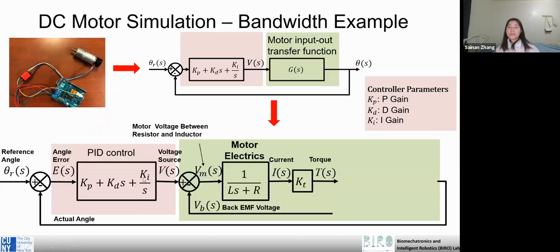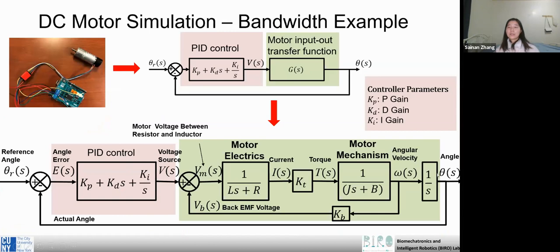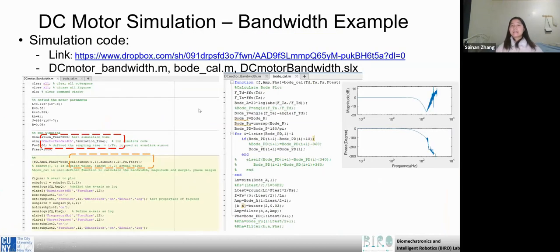We will use a PID control to get the position. In this control, this is the position control. In this simulation, we will analyze the position control bandwidth.